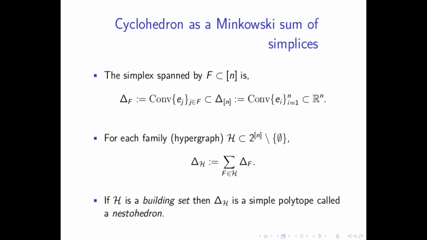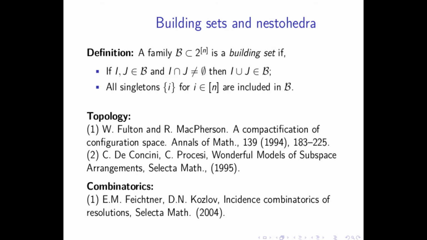It is the so-called building set. So I'll just mention in passing what a building set is. If you know the definition, of course, it's simple. If you haven't seen it before, then it's probably more interesting to mention why people study building sets.